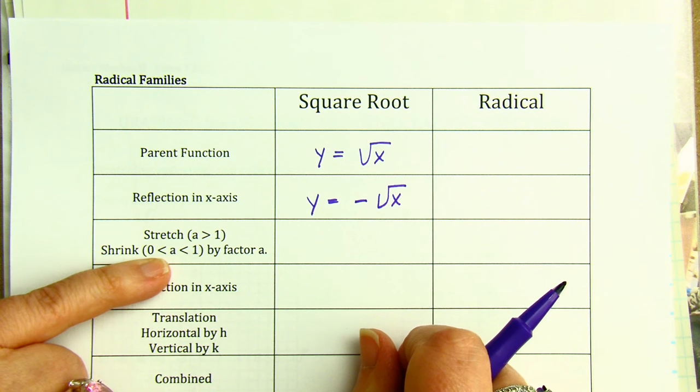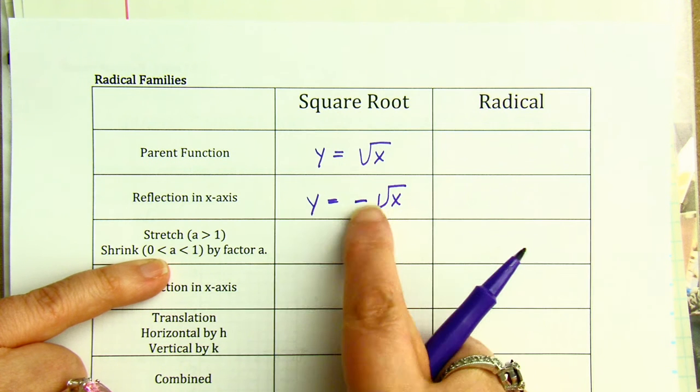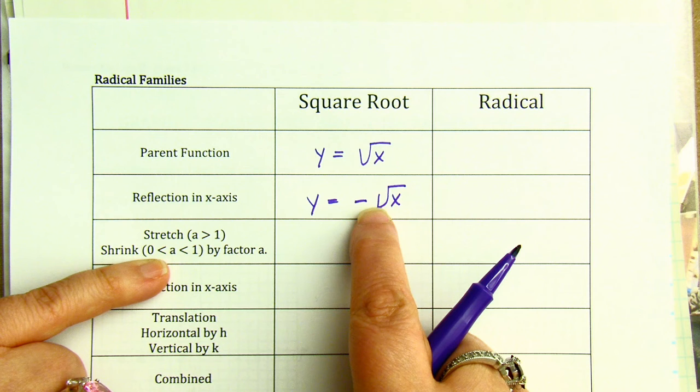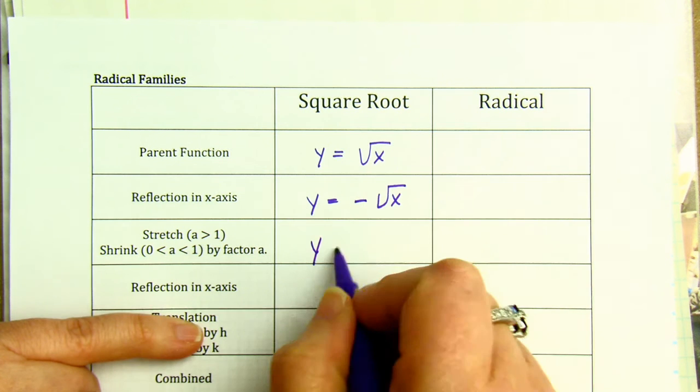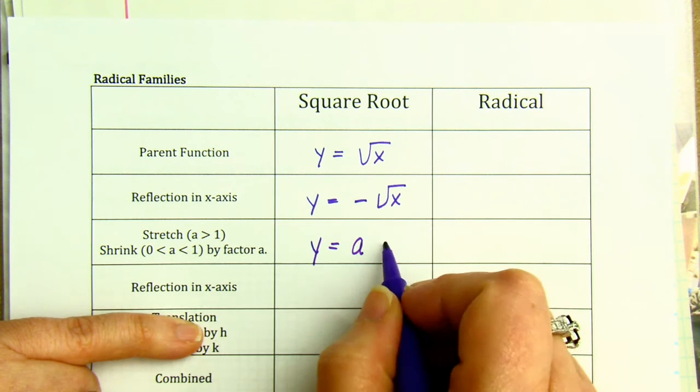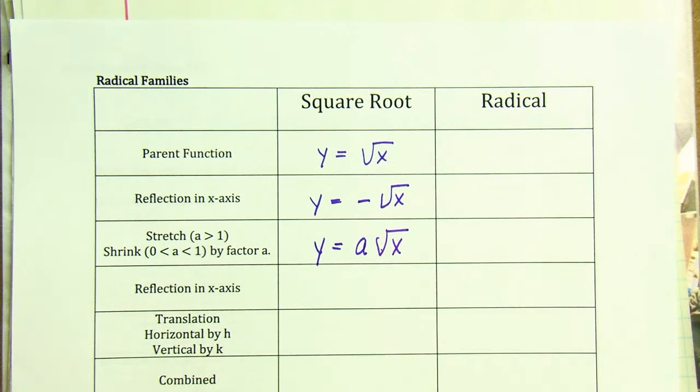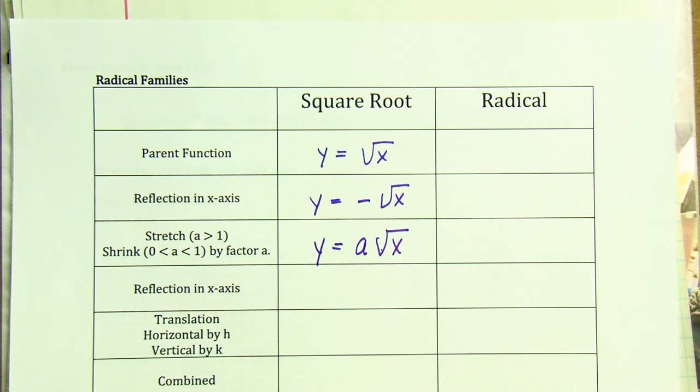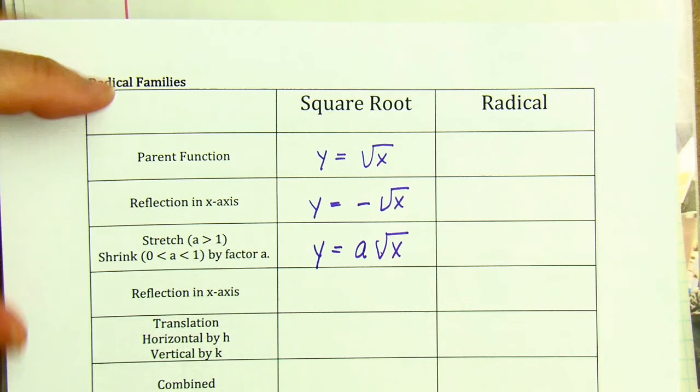Stretching, well, that's when you have a number in front of this. Whether it's positive or negative doesn't matter because the negative means flip it. Y equals a, that's a stretch, or a shrink, times square root of x. It's a stretch if the number is bigger than 1. It's a shrink if it's a fraction or a number between 0 and 1.